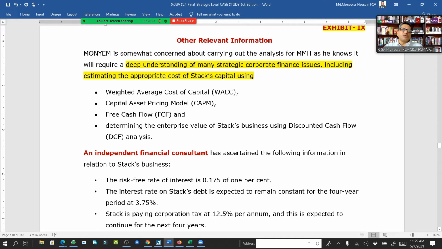Cash flow is, we know, receipts and payments, and as per International Accounting Standard 7 we prepare the cash flow statement. Cash flow has 3 activities: operating activities, investing activities and financing activities. In the same way, we can calculate cash flow in 2 ways: one is the direct method, another is the indirect method.